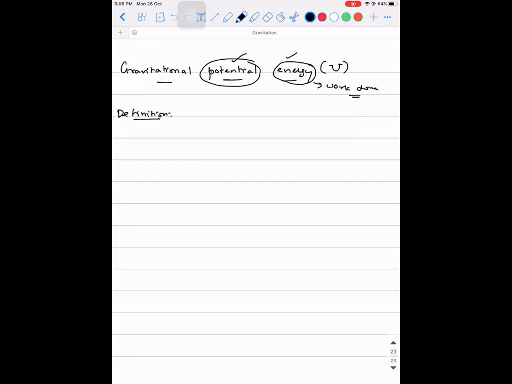So the definition is like this. It is the amount of work done in bringing an object from infinity to a given point in the gravitational field of another.